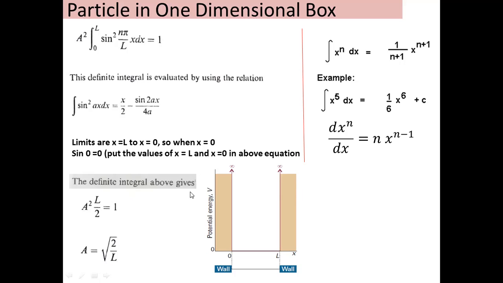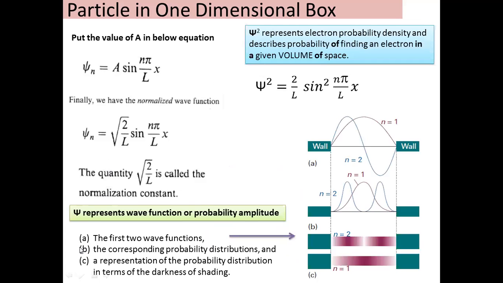So this is actually what we are getting, the normalization process. This is called the normalization process, and this is the value of a.